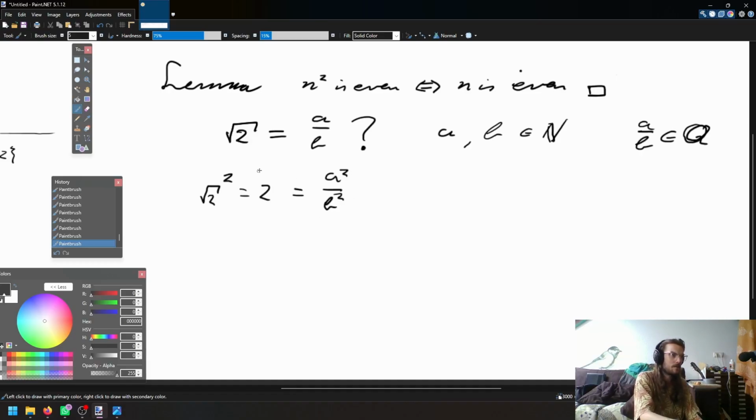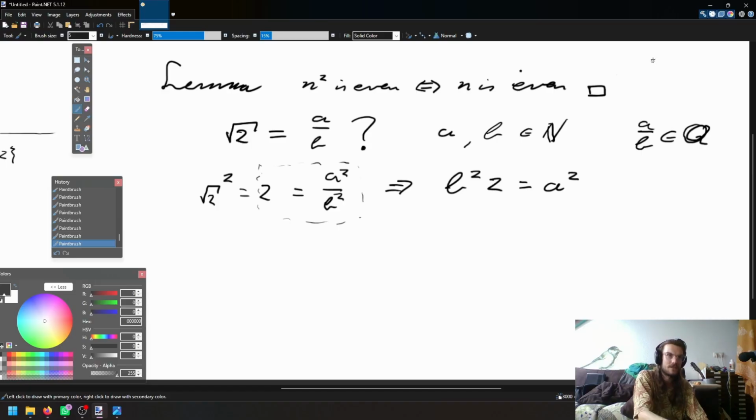Okay, we have this part, and we can rearrange that, and that implies b squared times 2 equals a squared. In other words, oh, I forgot to say one thing. Quotients can always be simplified.